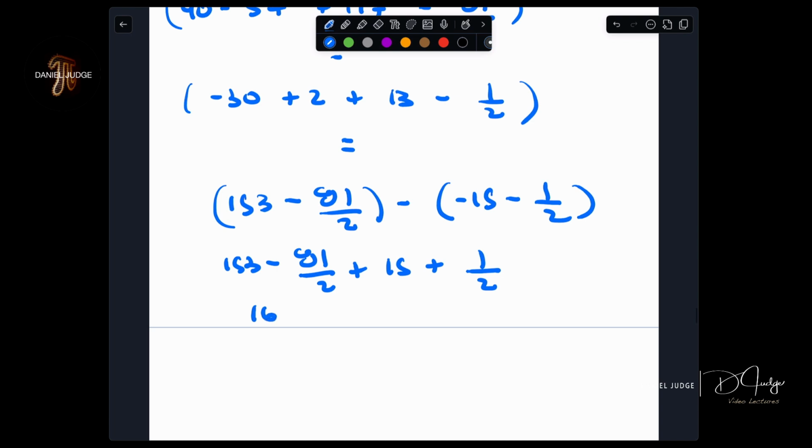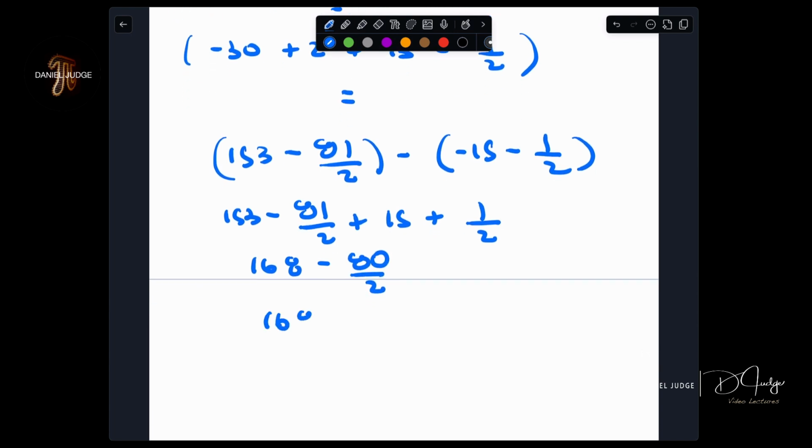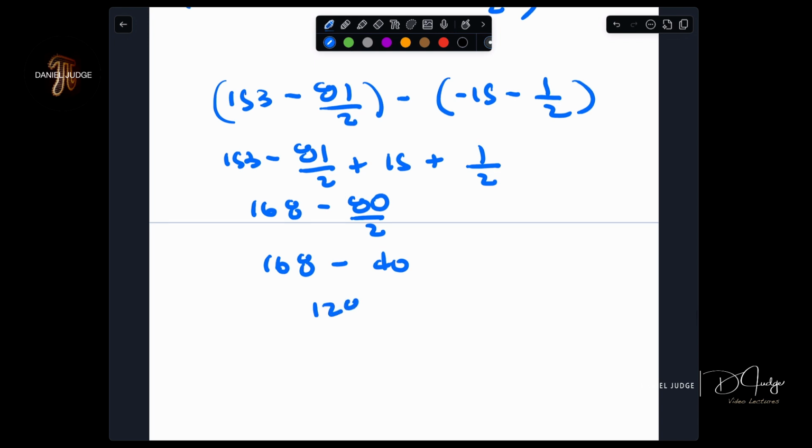So it looks like this is 165. Sorry, 168 minus 80 halves now. 168 minus 40 is 128. So ladies and gentlemen, this is 128.